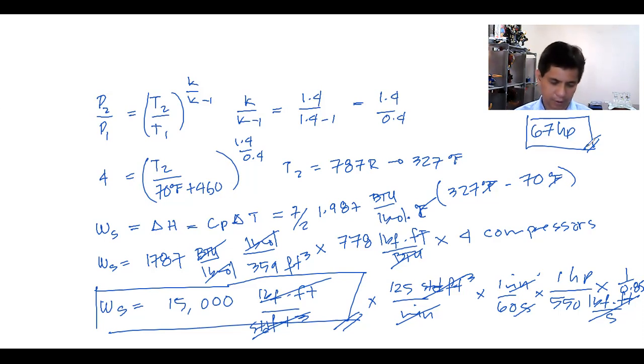Okay. Check 15,000 times 125 divided by 60 divided by 550 divided by 0.85. Malapit naman yun sa ano?